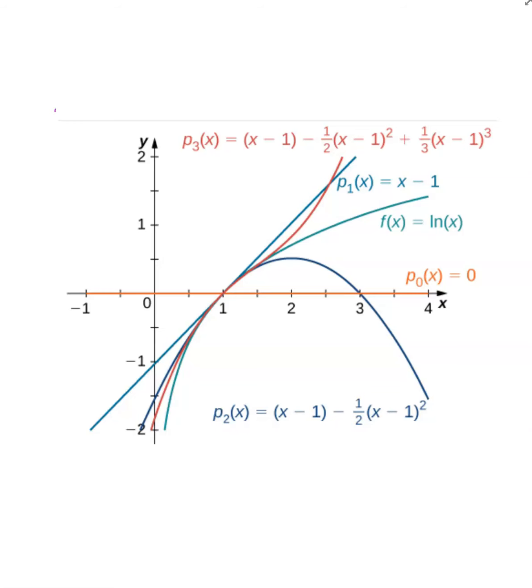So 0 is a horizontal line, so it coincides with the x-axis, as you can see here. First let's start with f of x, because that was our given one. f of x is ln x, and that's this graph. Then we're comparing p0, p1, p2, and p3. So p0 is a horizontal line.